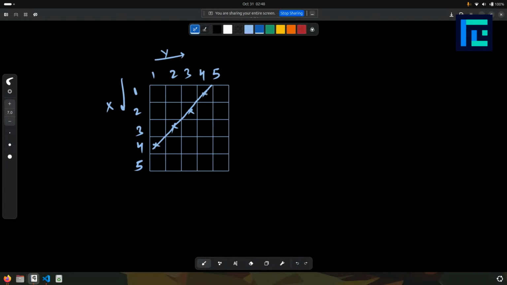So the sum would remain constant. If we had added 1 to both the coordinates, then the difference would have remained constant, but here we are subtracting 1 and then adding 1, so the sum remains constant. So on this line, x plus y is constant, which is 5. Here 1 plus 4 is 5, 2 plus 3 is 5, 3 plus 2 is 5, 4 plus 1 is 5. And we can take another diagonal as well.